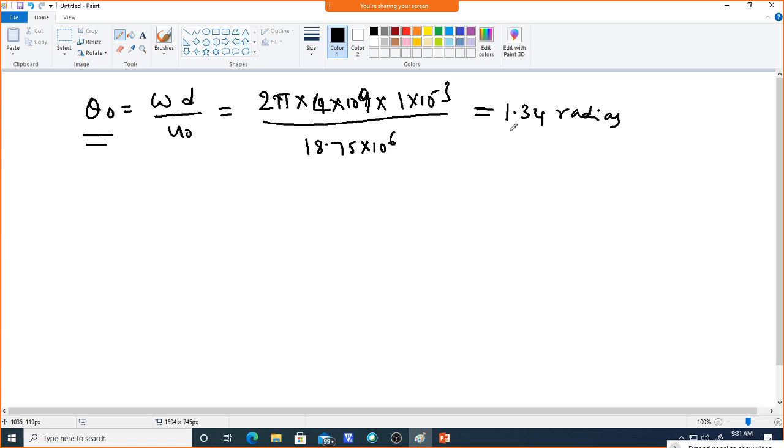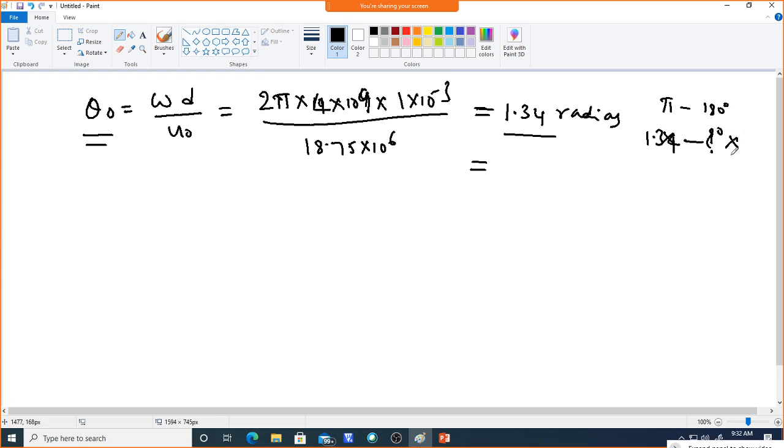So now we need to convert this into degrees. How will we convert? Pi means 180 degrees, right? So if you want it in terms of degrees, you multiply by 180 by pi. So we need 1.34 radians in terms of degrees.